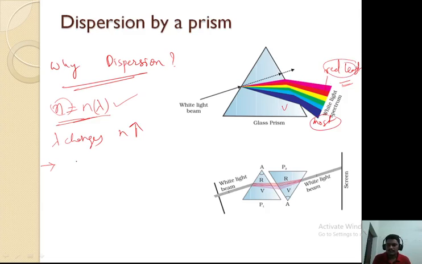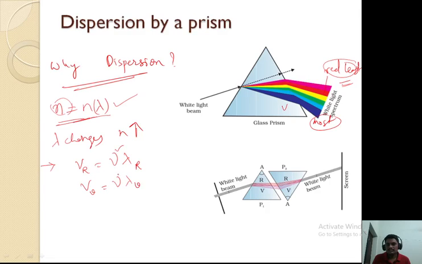Then you compare the speeds. What do you get? The speed of red color: what is the expression of speed? Speed equals frequency into wavelength. V equals nu lambda, with the red color wavelength. And for violet, let it be V_V, equals nu into lambda_V.